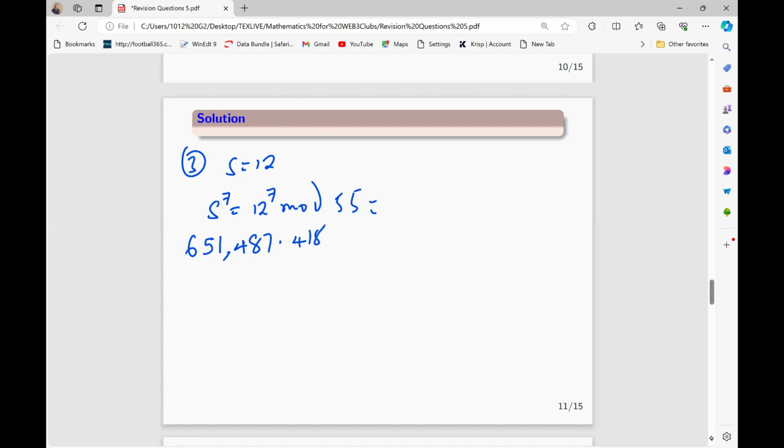What is the remainder? The remainder is 23.